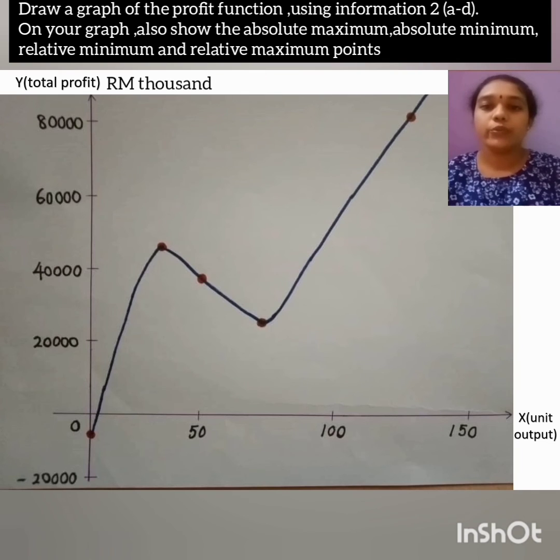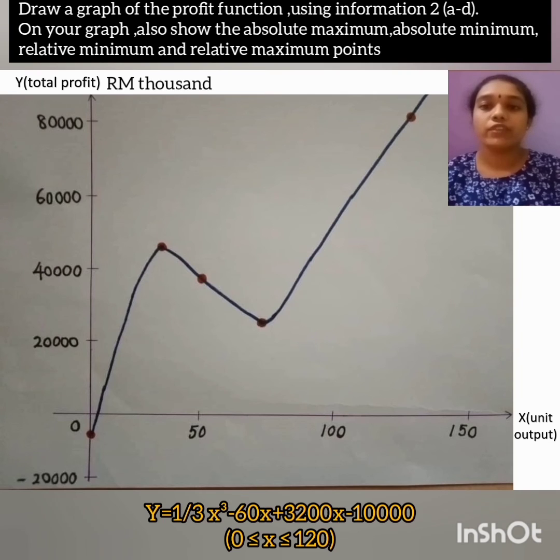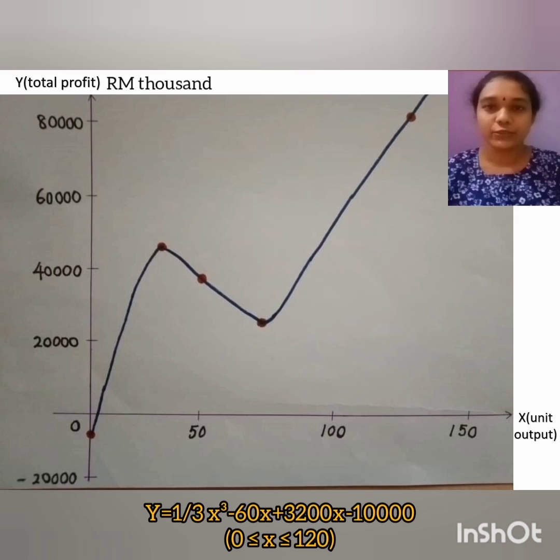After that, we need to plot all the coordinates on the intervals. If we combine all the important points, we get the curve that represents the profit function, 1/3x cubed minus 60x square plus 3200x minus 10,000.